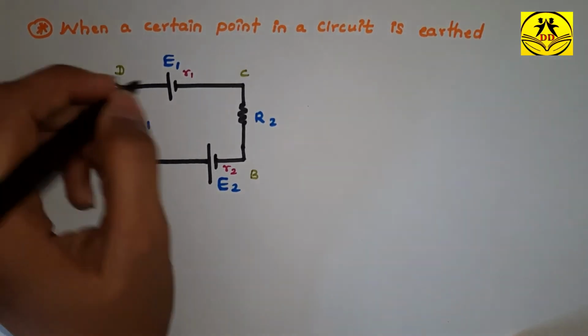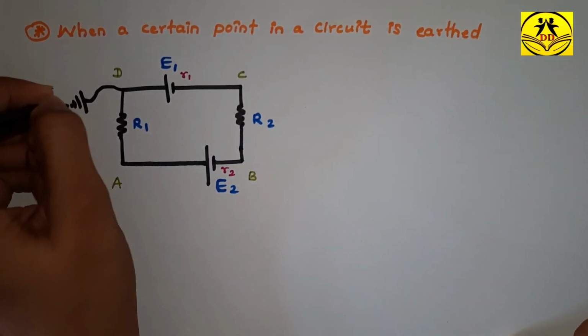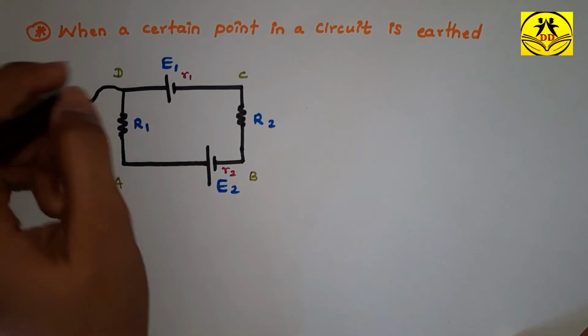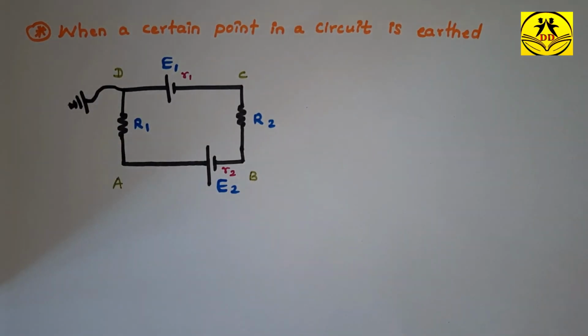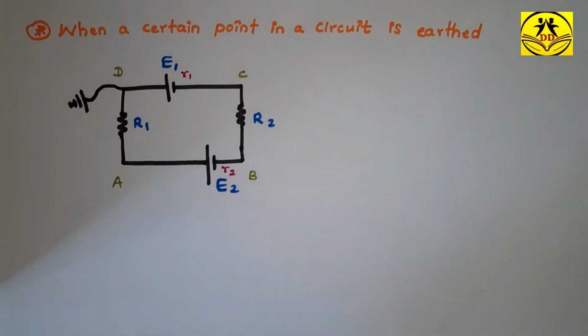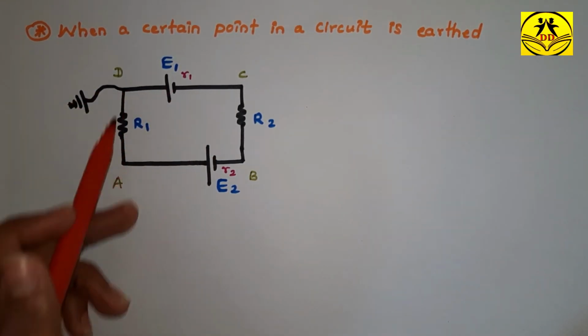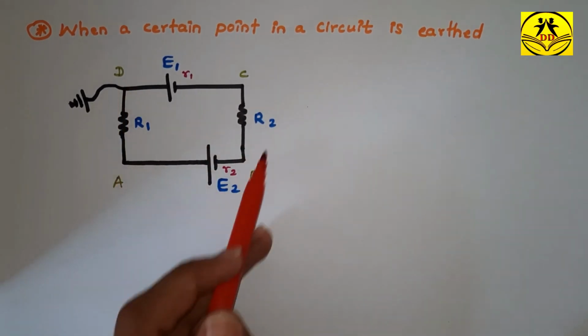So what happens when you earth? Do you think the current flows here to the earth? If you start from this cell, will the current flow to the earth? No. There's no change in current flow. It moves through this circuit.